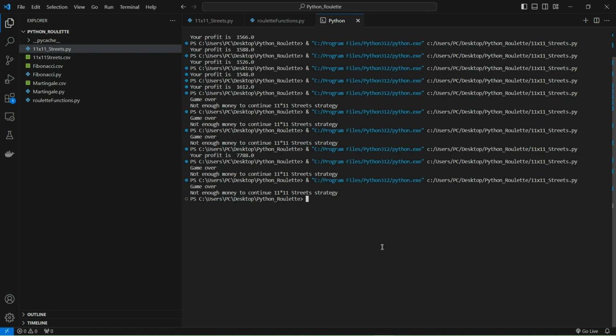So this 11 times 11 streets strategy looks very safe, even safer than martingale and Fibonacci, because chances of winning is 89%, while in martingale and Fibonacci strategy chances of winning is 50%, actually less than 50% because there is also 0.